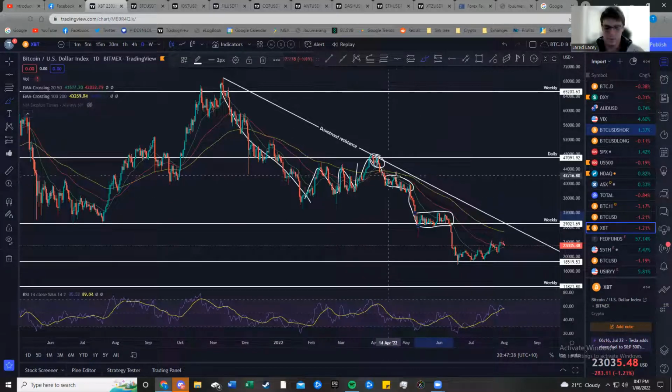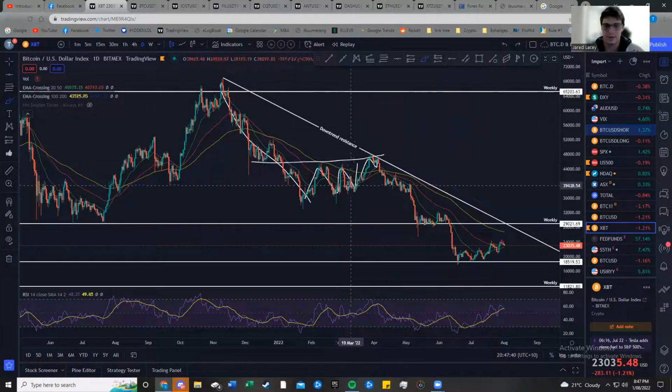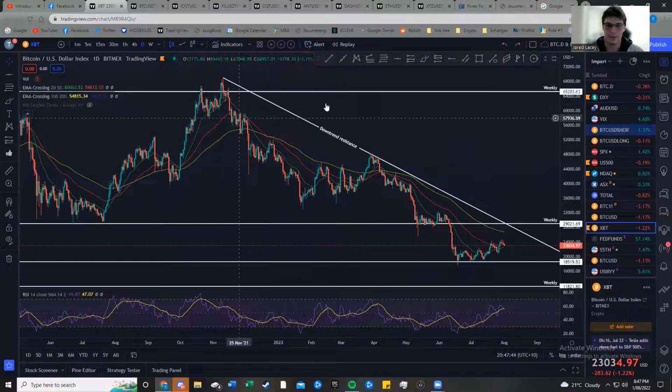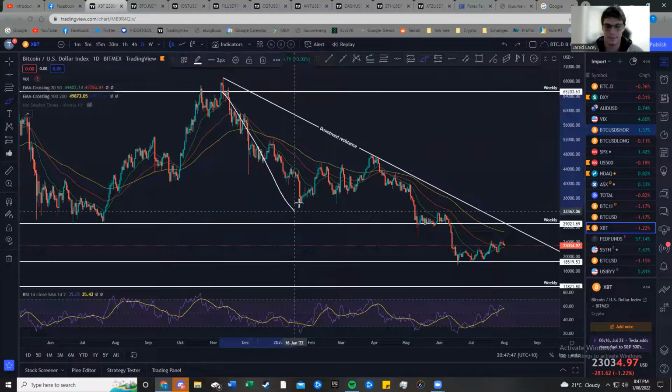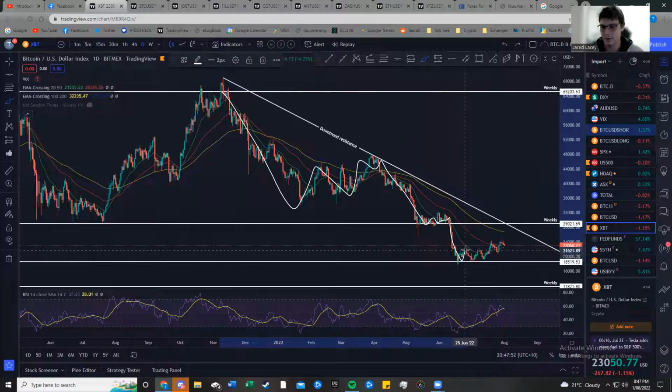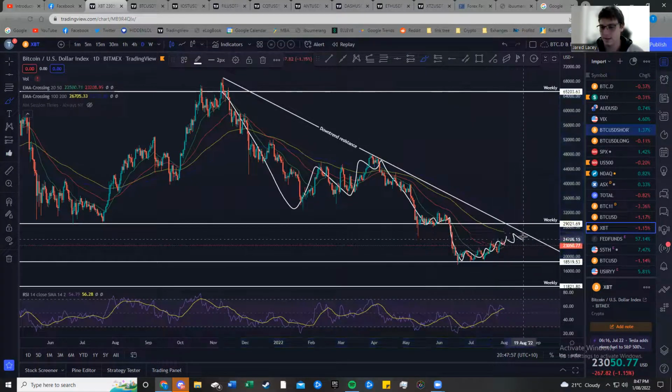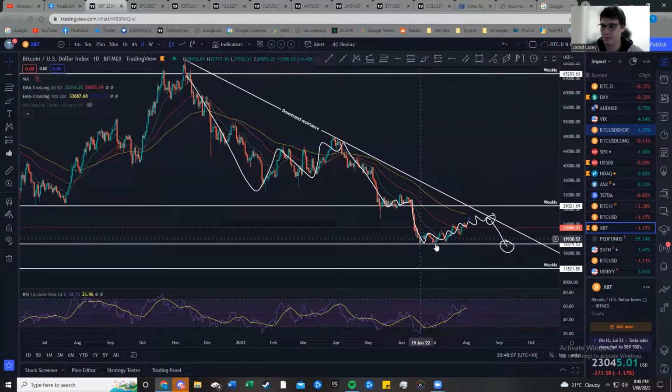So at the moment, I'm seeing the same thing as what I said before. We're seeing a large scale move down, weak recovery, large scale move down, weak recovery. Wherever this may end, whether we come to this level here, I'm expecting it to push back down again, maybe even to this 18K where we've stopped previously.